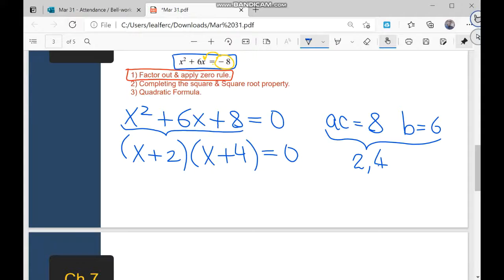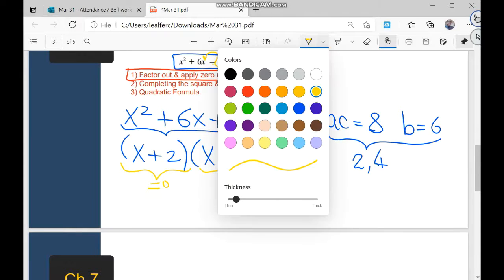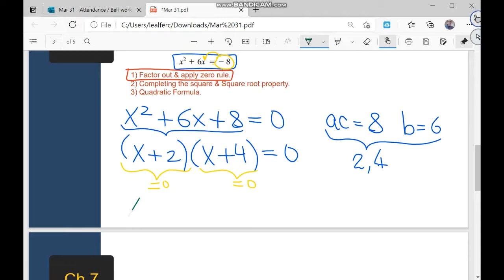Now we can apply what? The zero product rule. That means this can be equal to 0 and that equal to 0. If x plus 2 equals 0, the first solution, that means x equals what? -2.